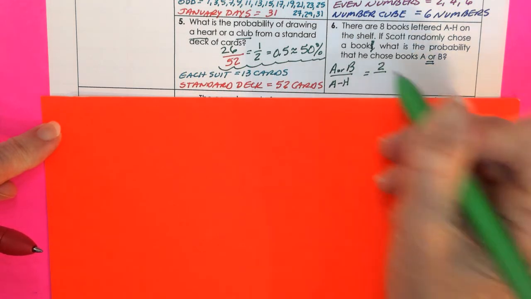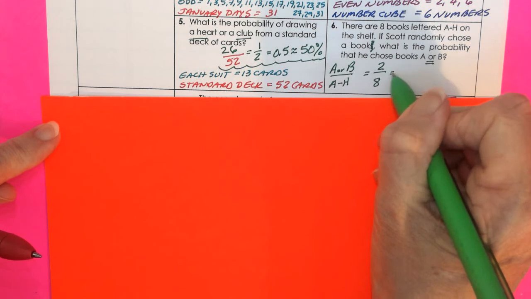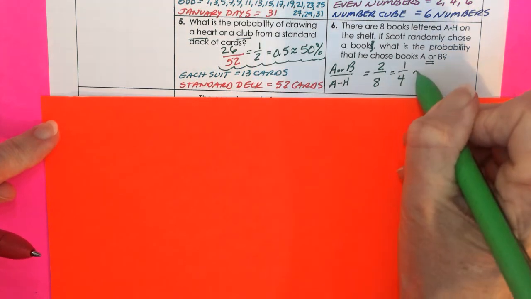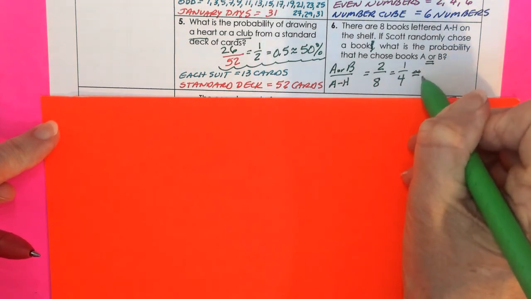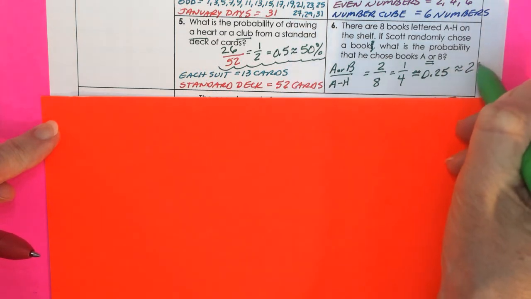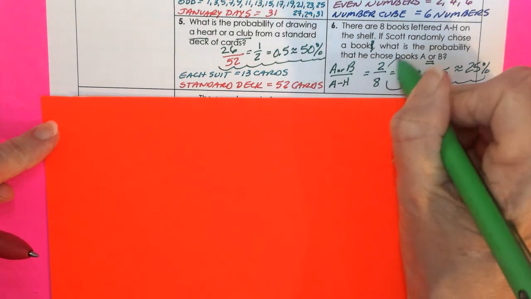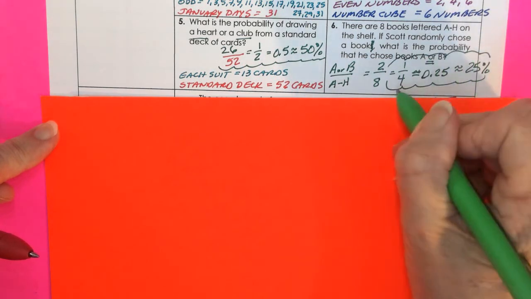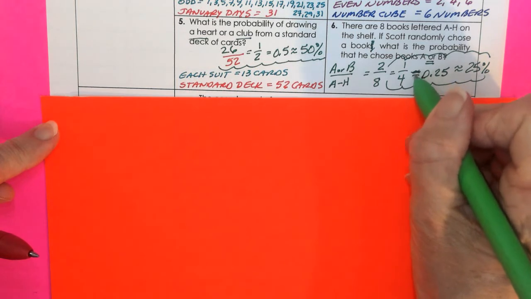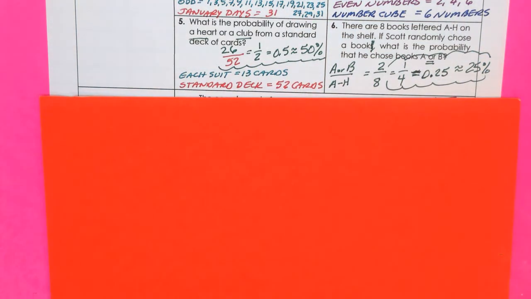That's 2 elements it could be out of the total of 8 that you have. That reduces to 1 over 4, which becomes 0.25, which gives you a 25% chance. So your best answers would start right here. 1/4, 1 out of 4 chance, a 0.25 chance, or a 25% chance.